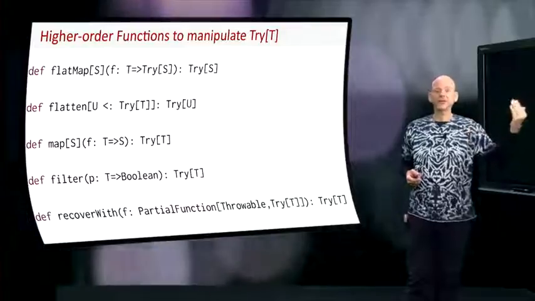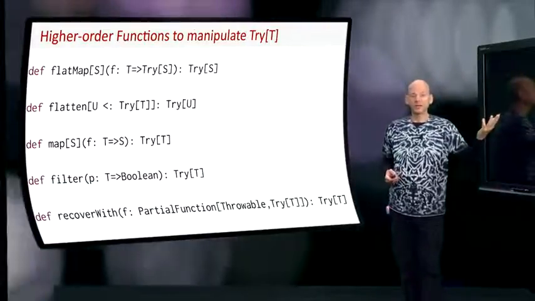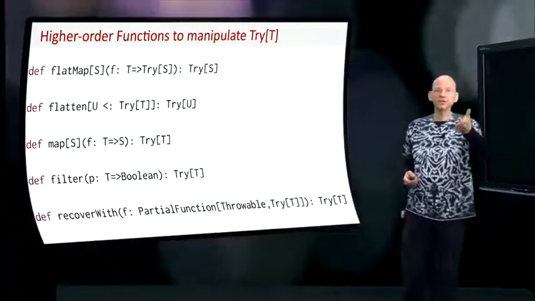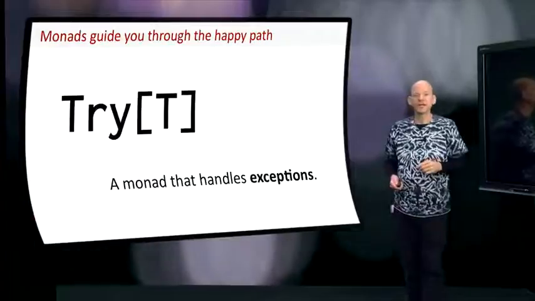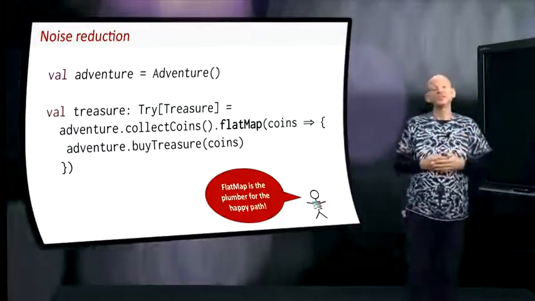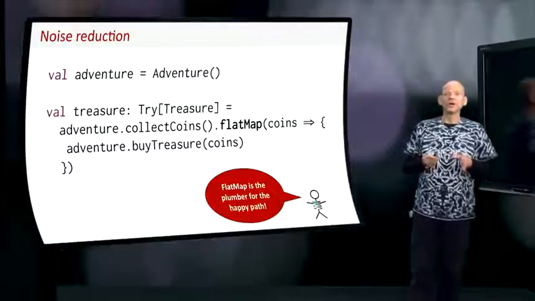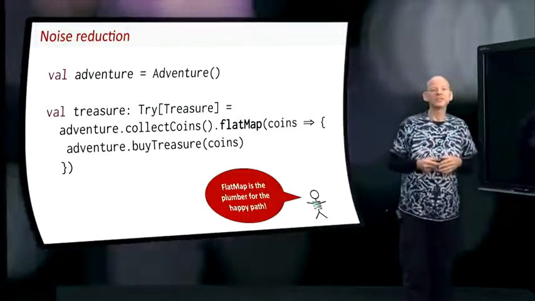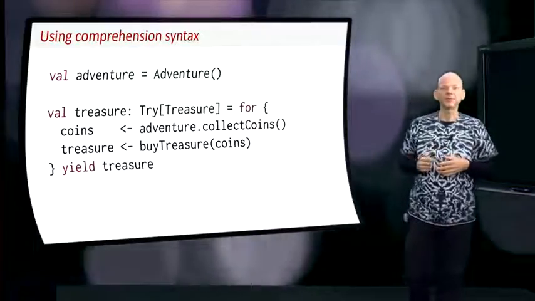It's defined on Try of t, so the this pointer is a Try of t. Then we get a function from t to Try of s, and then the result is Try of s. So the types in this code all work out. So flatMap is the plumber that guides you through the happy path.